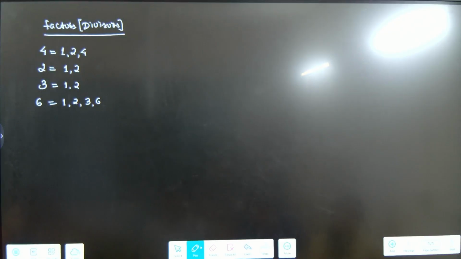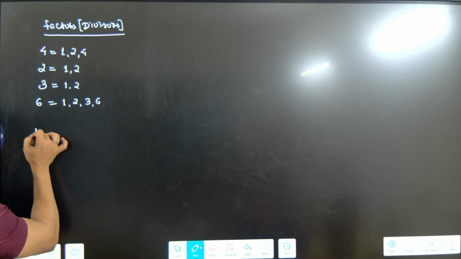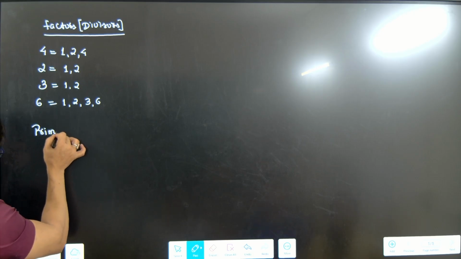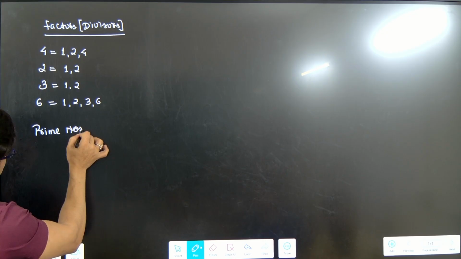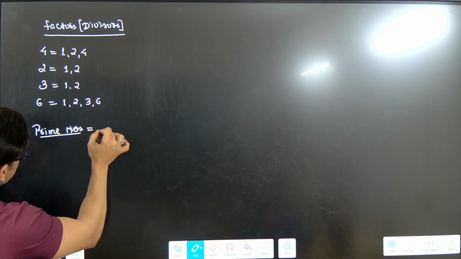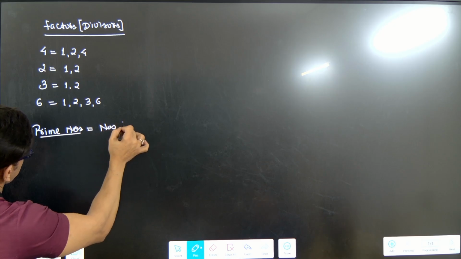Factor is a long story, but as of now we are doing it only for prime numbers and composite numbers. So what are prime numbers?